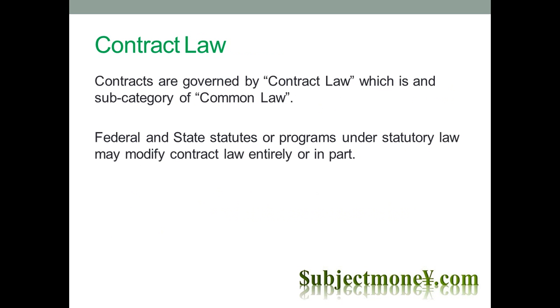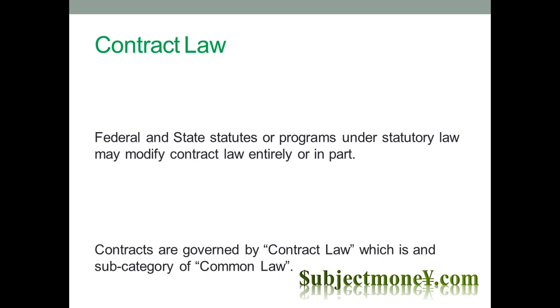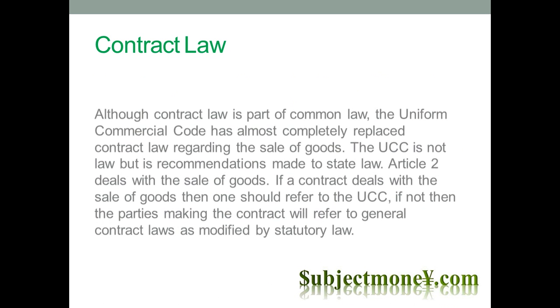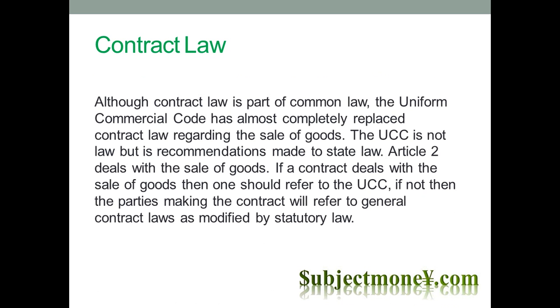Contracts are governed by contract law, which is a subcategory of common law. Federal and state statutes or programs under statutory law may modify contract law entirely or in part. Although contract law is part of common law, the Uniform Commercial Code has almost completely replaced contract law regarding the sale of goods.